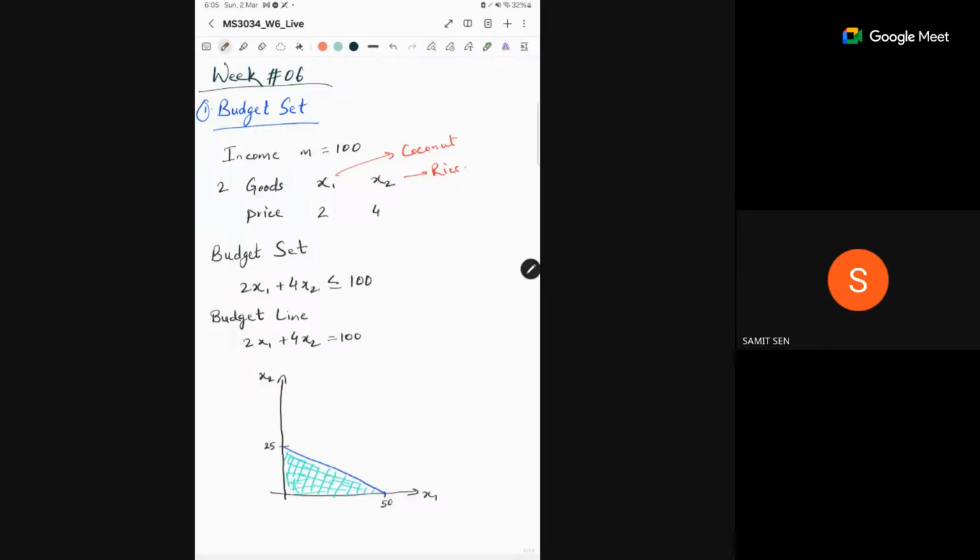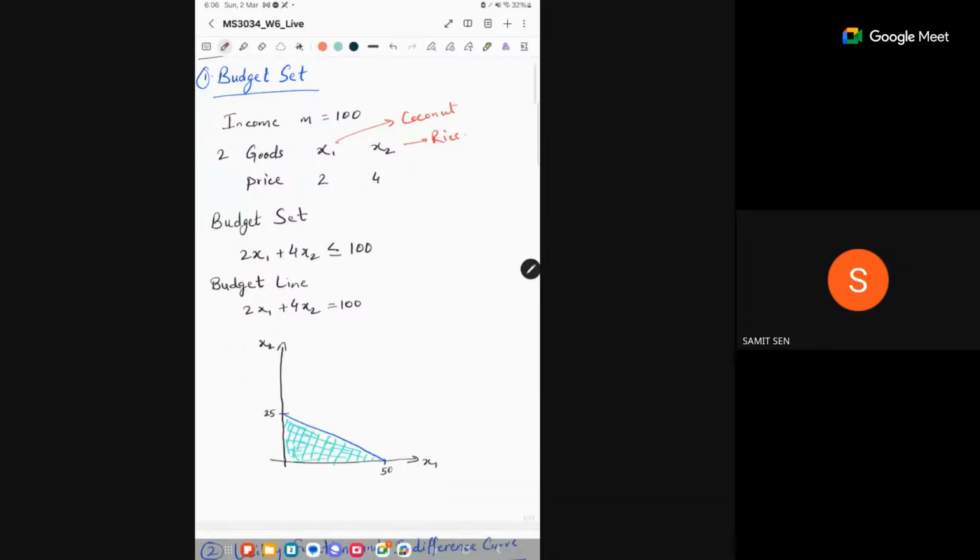First of all, he has a threshold: he has only 100 units, so he can, at max, spend 100 units on these two goods. From that, we can derive an inequality which we call the budget set. We can represent this budget set in the x1 x2 plane, and it is represented by this green grid area.